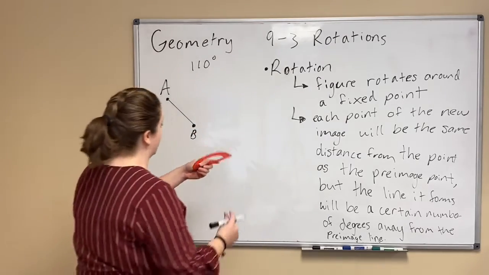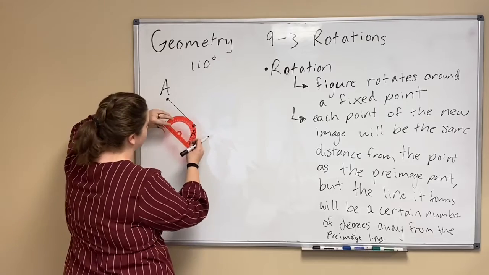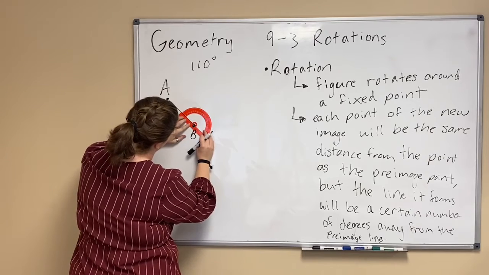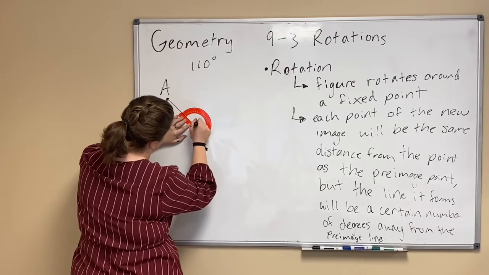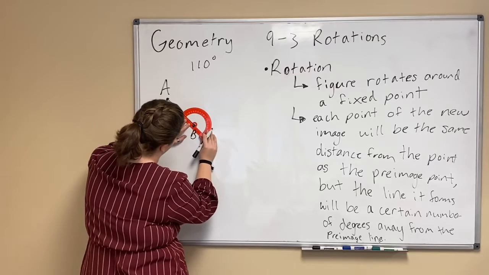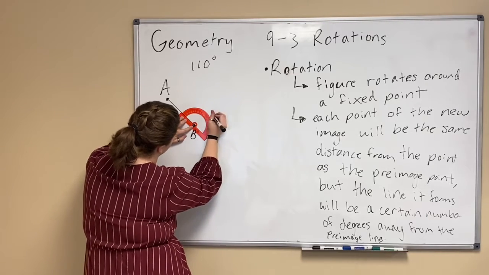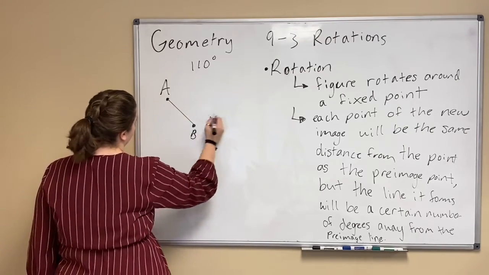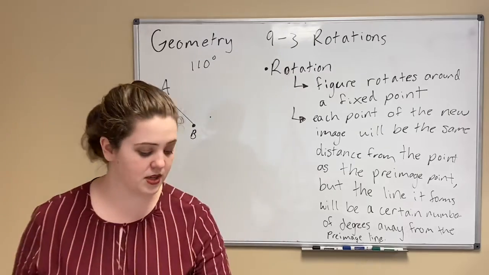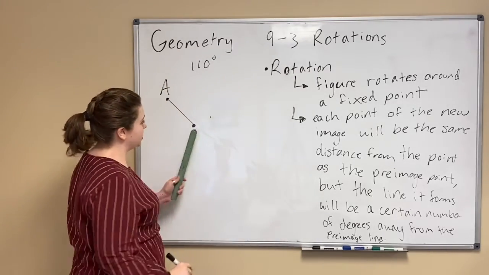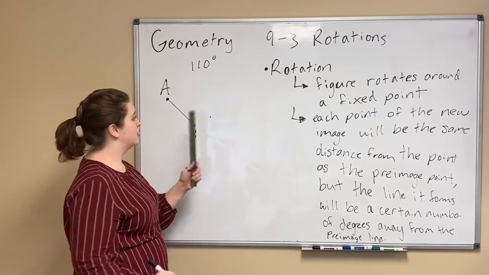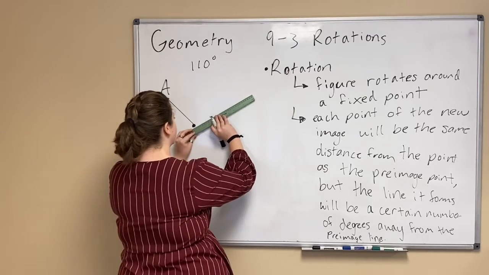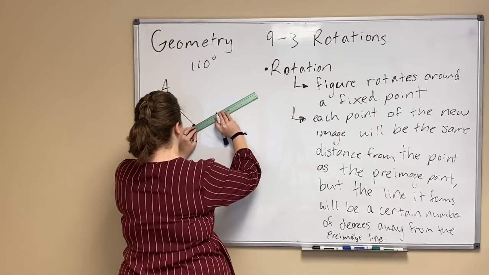So you're going to need a protractor. You're going to take your protractor, just like we always do, line your center up over B. Make sure that this line is parallel with your line. Then I'm going to find 110 degrees and put myself a dot. But that's not where our A prime is, because our A prime not only has to be in this direction 110 degrees away, it also has to be 6.5 inches away from B. So now I'm going to measure, keeping in line with this 110 degrees.